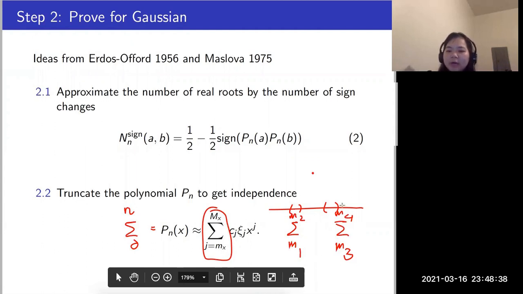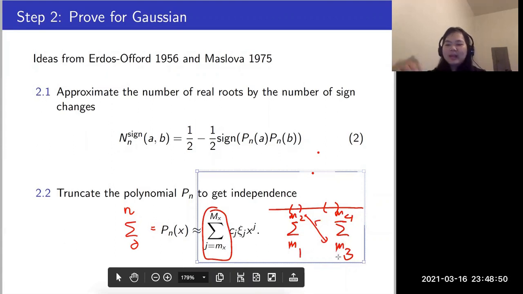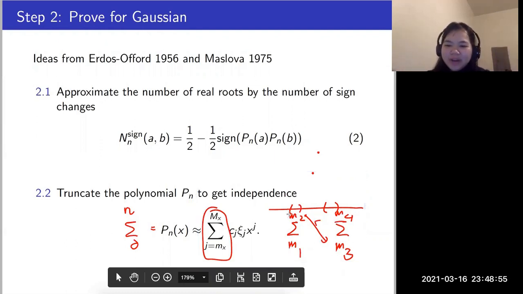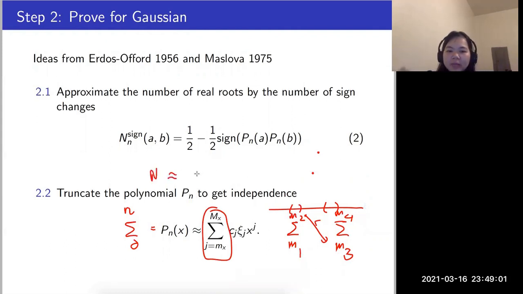And for these intervals that are far enough, we show that this M2 is smaller than M3. And so these are independent, meaning because they only involve independent random variables. If you remember, our N is approximated by N1 up to some Nm here.